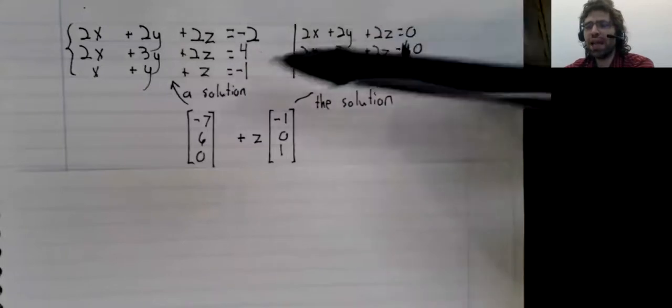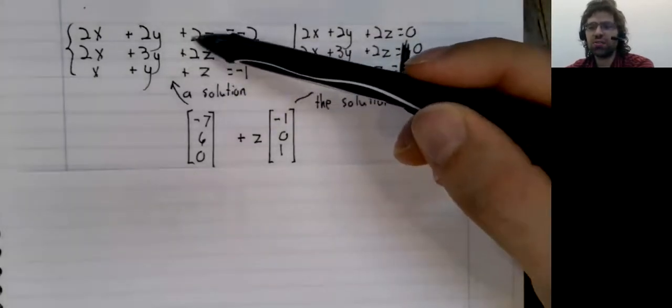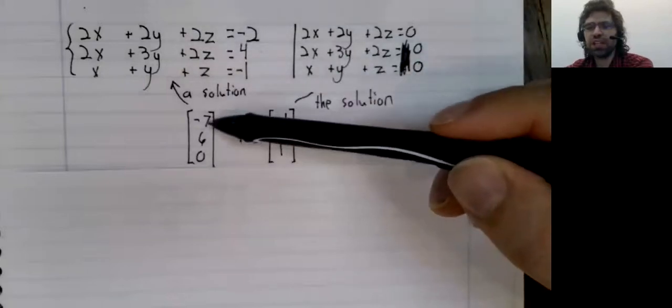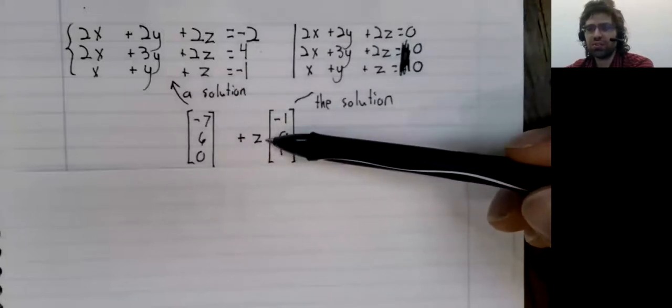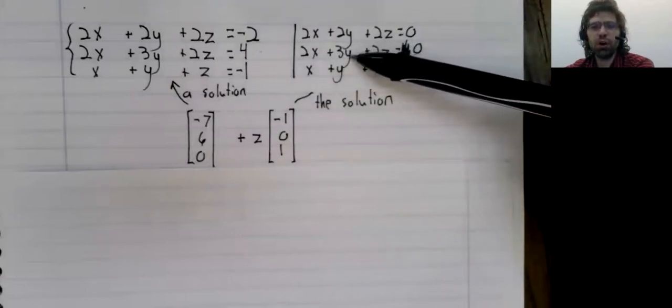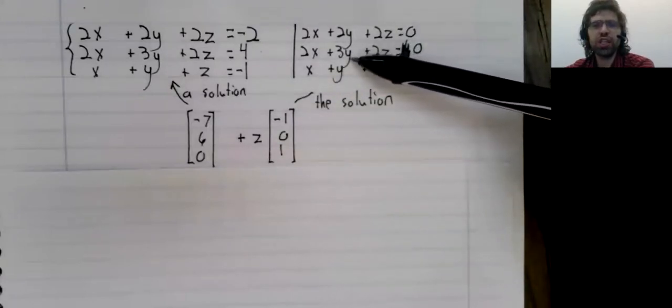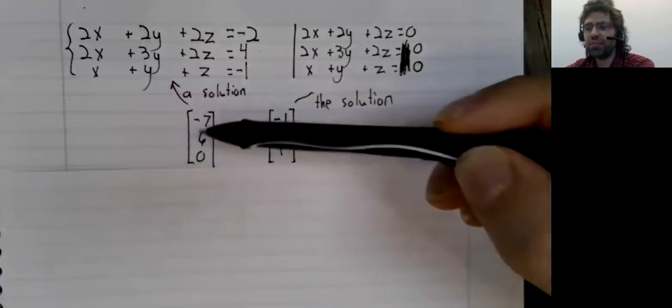It should be a solution to this system, a particular solution, plus the solution set of this corresponding homogeneous linear system.